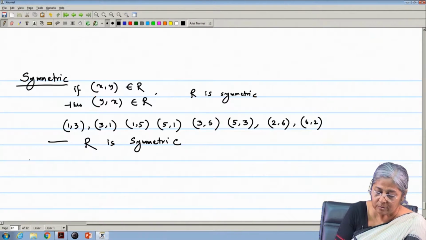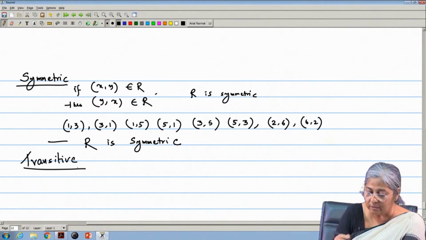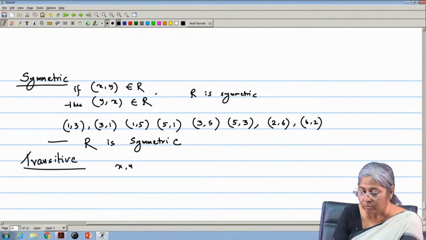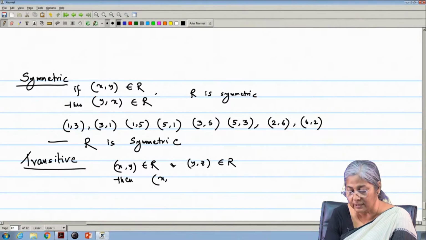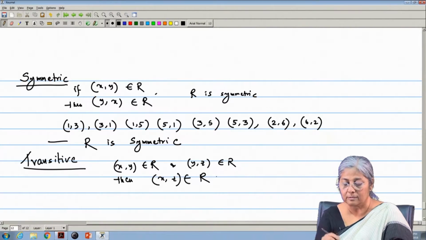Now, we have to see whether it is transitive or not. In the relation, if (x,y) belongs to R and (y,z) belongs to R, and if (x,z) also belongs to R, then it is transitive.